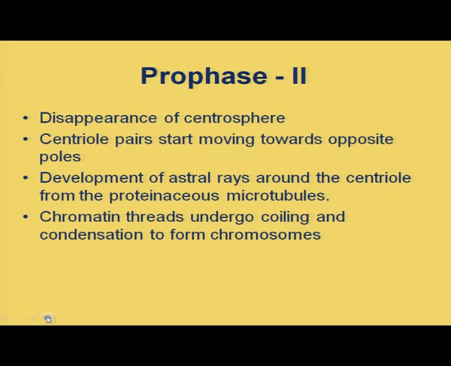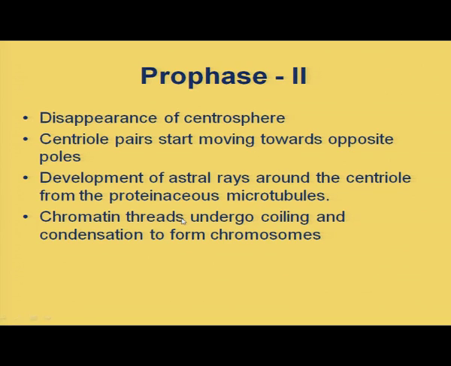Prophase 2, disappearance of the centrosphere, just the same character as that of prophase. Centrosphere will disappear and centriole will duplicate and they will move to opposite poles. Development of astral rays around these centrioles, and they are the proteinaceous microtubules.